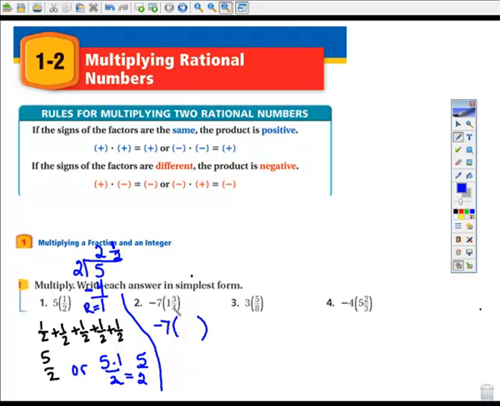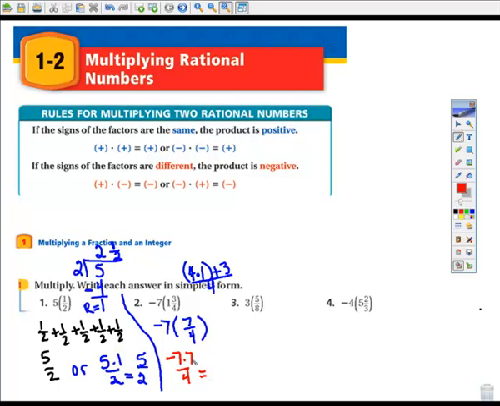And to do that, I'm going to take the 4 times 1, and then I'm going to add the numerator. So it's denominator times whole number plus numerator, and it's over the denominator. So 4 times 1 is 4 plus 3 is 7. So this is 7/4.